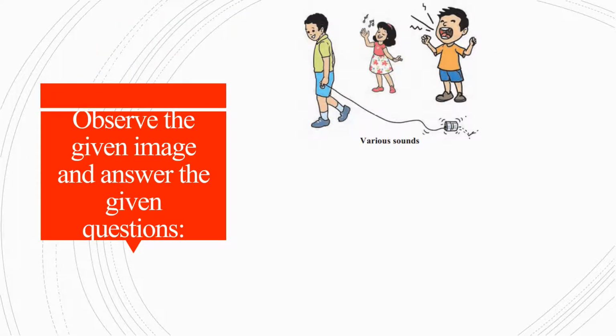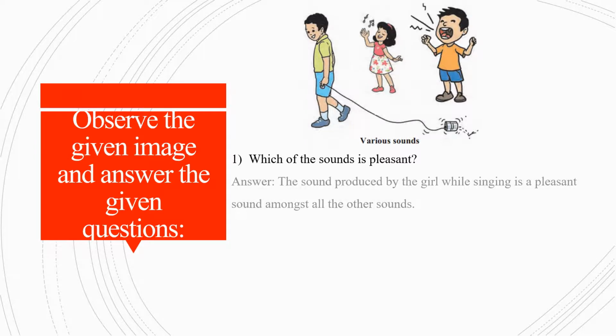Now students, observe the given image and answer the given questions. So the first question is, which of the sounds is pleasant in the given picture? Correct. The sound produced by the girl while singing is a pleasant sound amongst all the other sounds. Now the second question, which sounds are a nuisance to people?